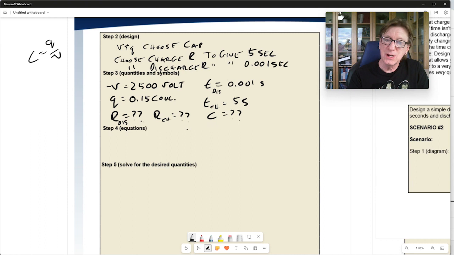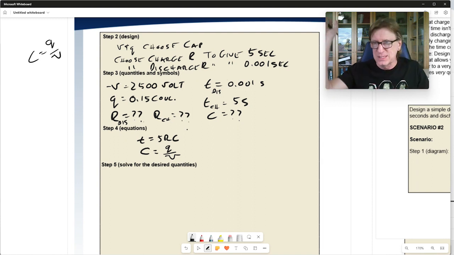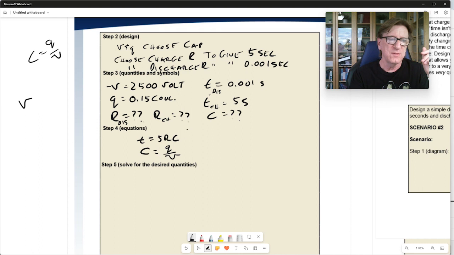So our equations are actually going to be very simple. The time constant is 5RC, and then the capacitor design is going to be Q over V. And that's actually all the equations I need. So you may think, oh, I've got to go back to my time constant charging equation, little v equals big V times 1 minus e to the minus t over RC, right?